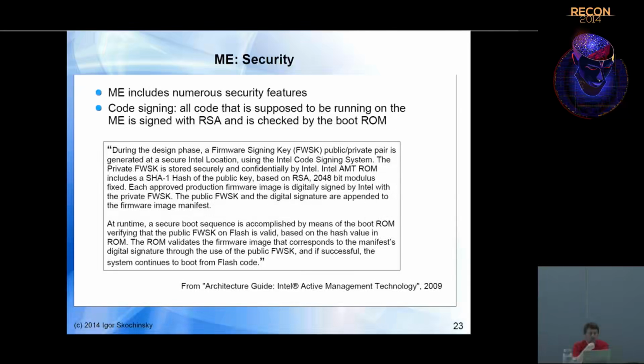And this code is signed by Intel using their private key that they keep secret, of course. And the public key is stored in the firmware header. But as I said, once again, you cannot just replace this public key because the hash of the public key is still checked by the boot ROM. They just don't store the public key in the boot ROM itself to save space because it's 2 kilobytes. So they store only the hashes of public keys that can be used for signing. So this is one of the features.